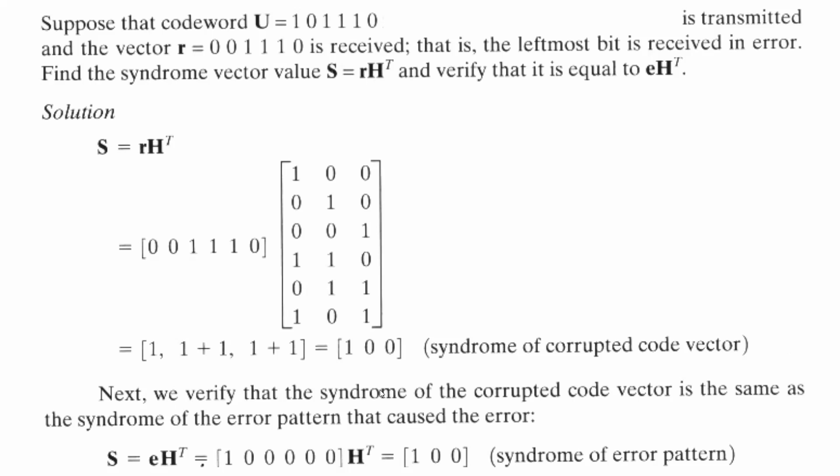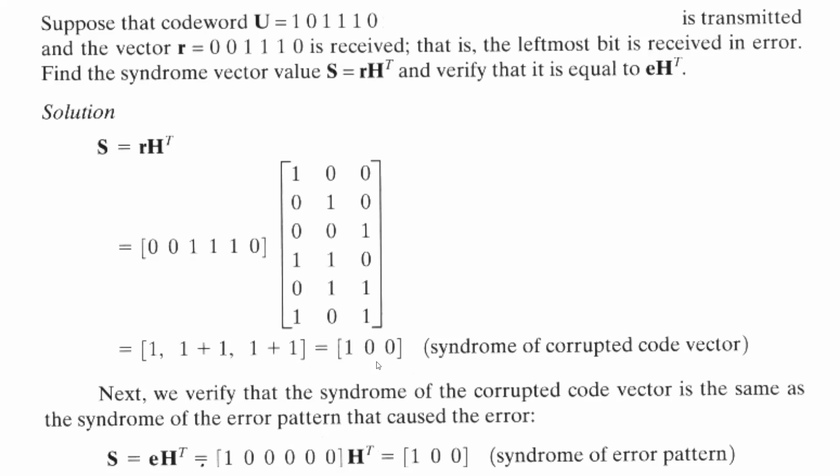Next, we verify that the syndrome of the corrupted vector is the same as the syndrome of the error pattern. So what is the error pattern? If I take the error pattern as 10000, the syndrome I am finding is 100. Once I have found out the syndrome, I can have a table of syndrome and error pattern.